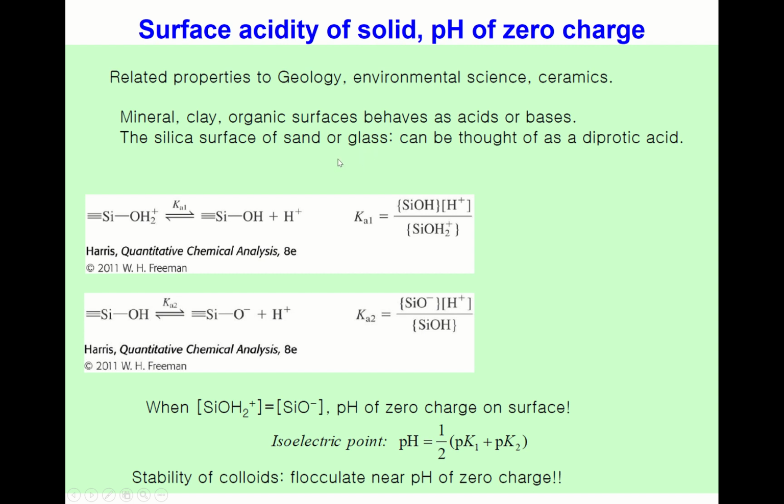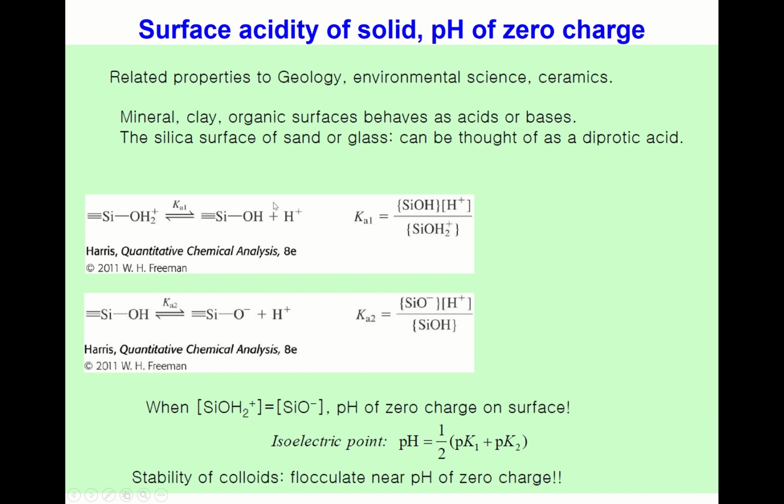Okay, understanding is not difficult. Let's say just the simplest case is the silica surface. Silica, the main component is what? SiO2. Okay, that's the silica.